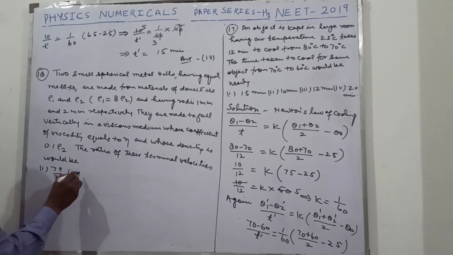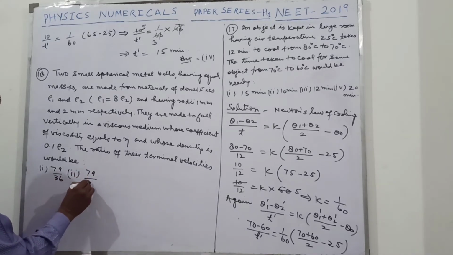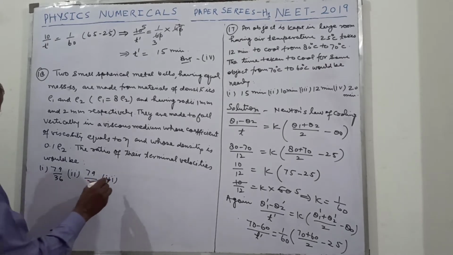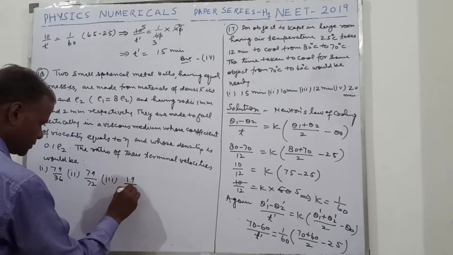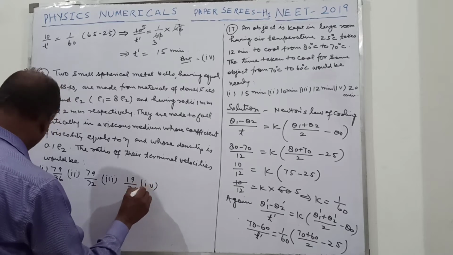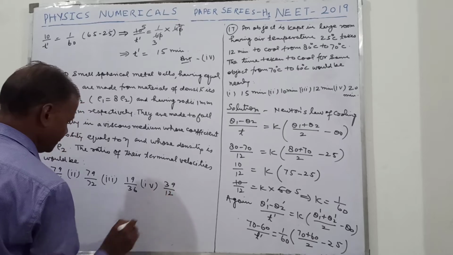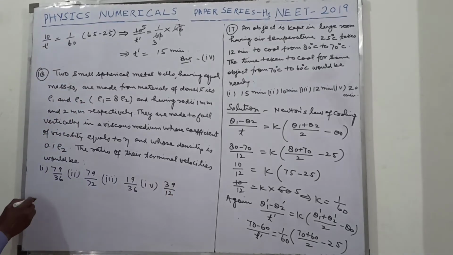Second is 79/72. Third is 19/36. And fourth is 39/12. Now the solution.